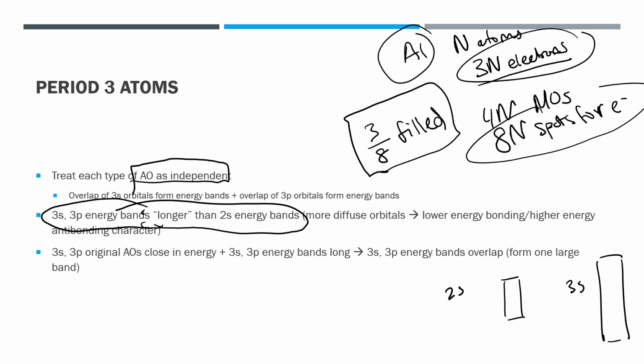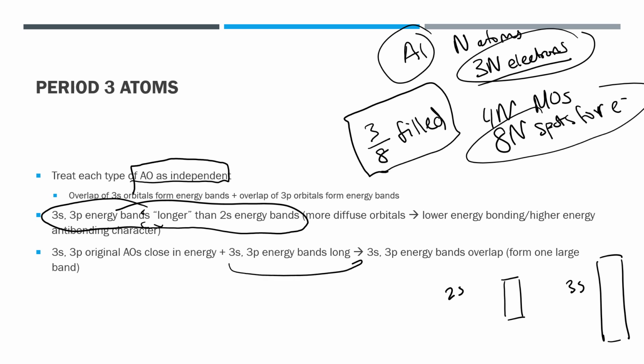This is because they're both much higher in energy, and as your principal quantum number gets larger, your energies get much closer together, because you're going farther away from the nucleus and raising everything in energy. So as your principal quantum number gets larger, the distinction between s and p in energy gets smaller.